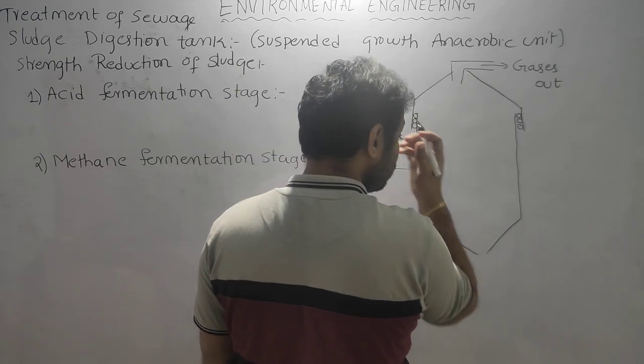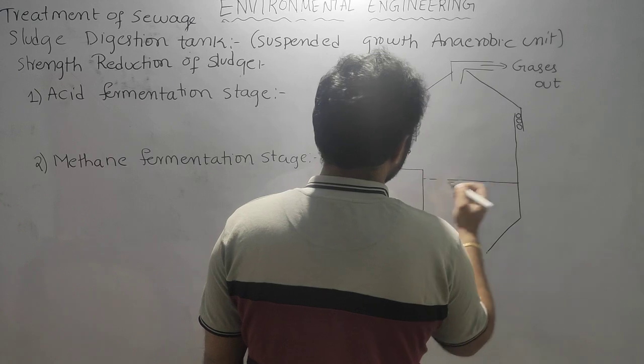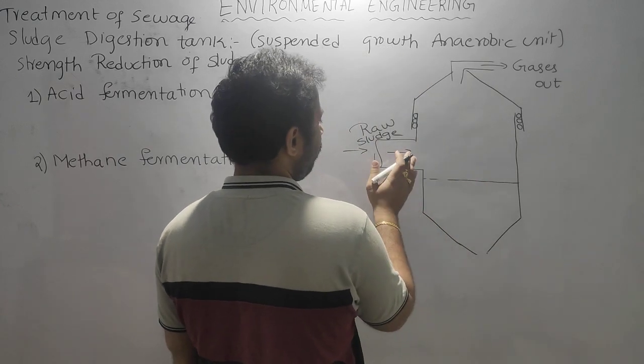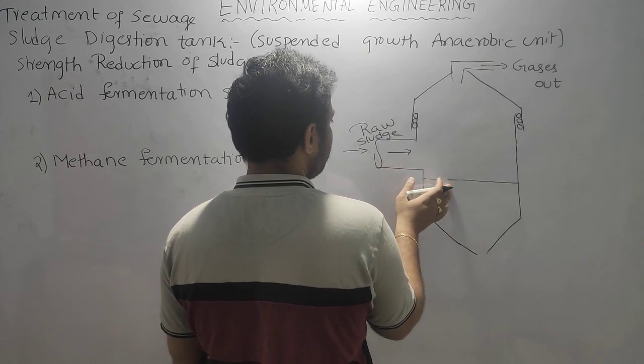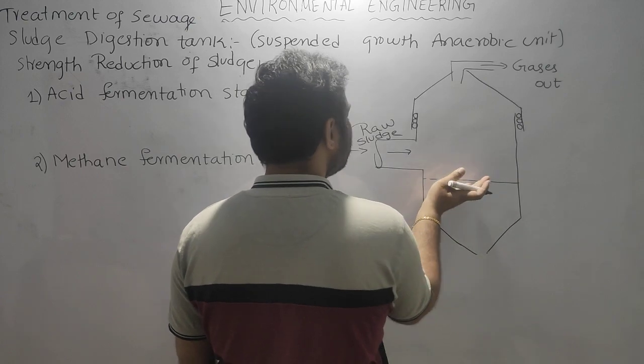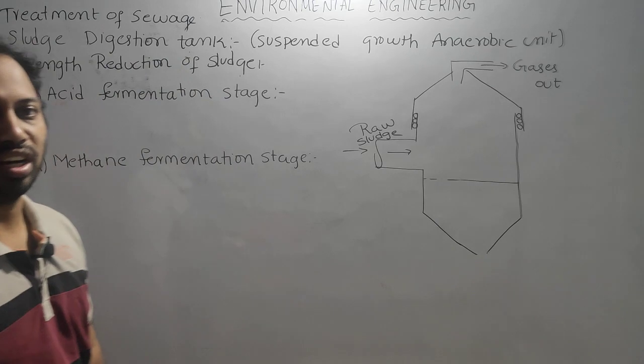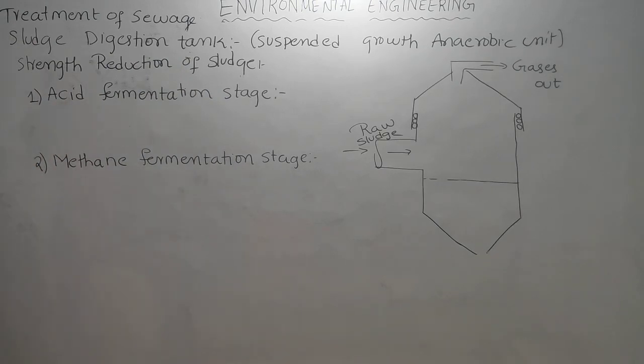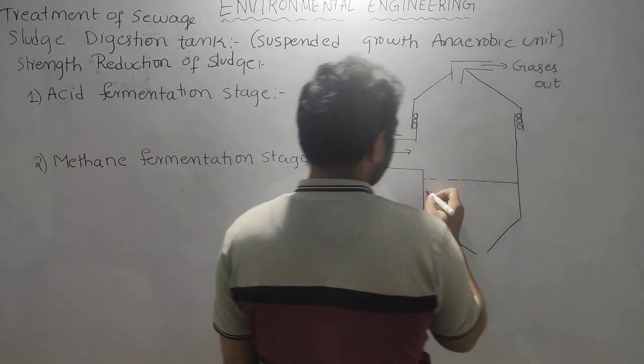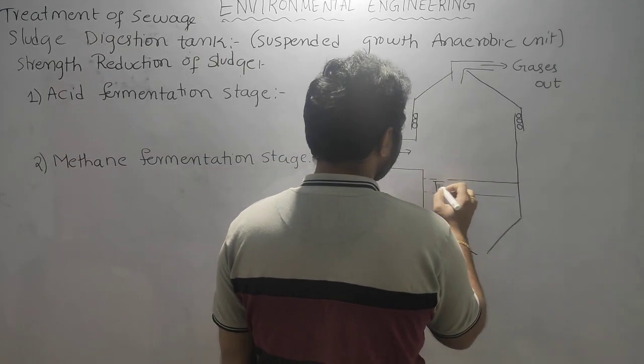This raw sludge will be categorized. Whenever we send raw sludge, it will be present here, and during decomposition the raw sludge becomes old sludge. So that is fresh sludge, digesting sludge and digested sludge. We pour the fresh sludge here.